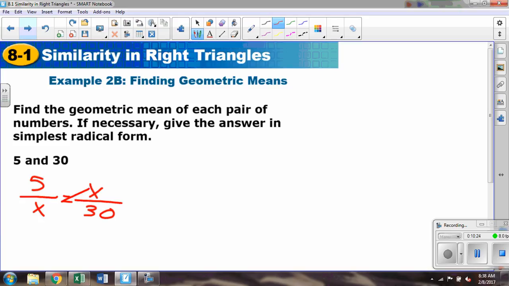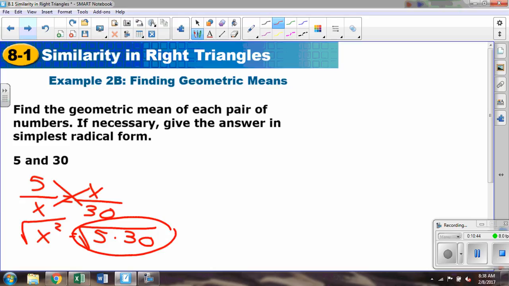Cross multiply, x times x gives you x squared. 5 times 30. And please notice what I'm having written down there. To solve it, then you take the square root. This is exactly why I said the steps towards getting the geometric mean are to multiply the two numbers and then take a square root.